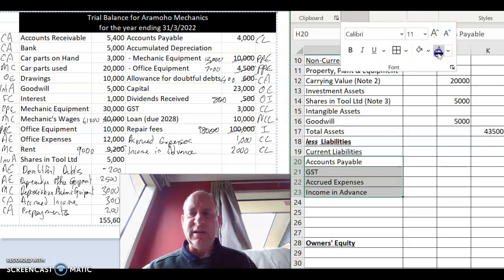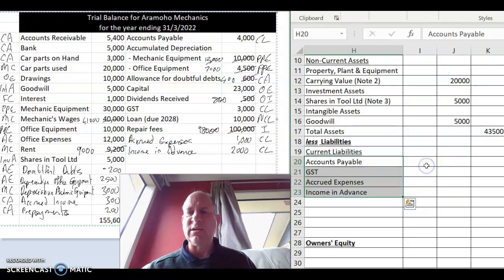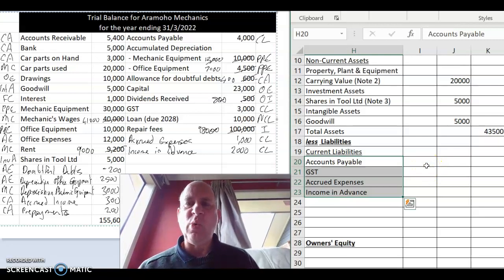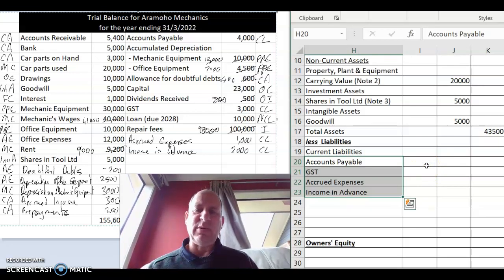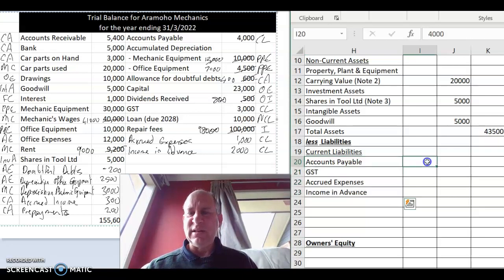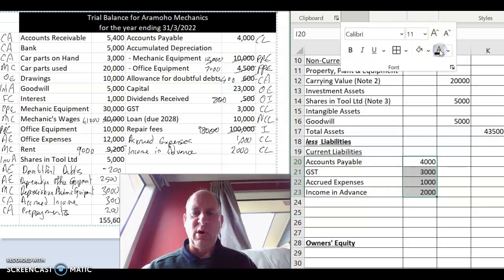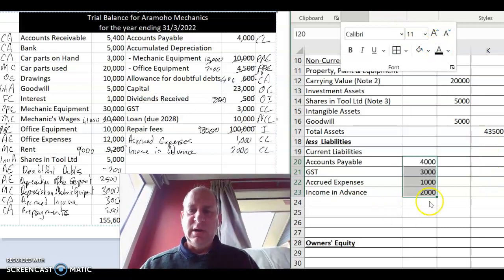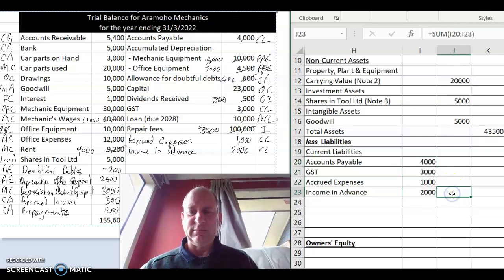So current liabilities are obligations that a business has within the next accounting period, or 1 year. So most of these we're going to have to pay, and income in advance is a little bit different, in that we don't have to pay that, but we do owe a service obligation to somebody. They've paid us, we haven't done the work on their vehicle yet.